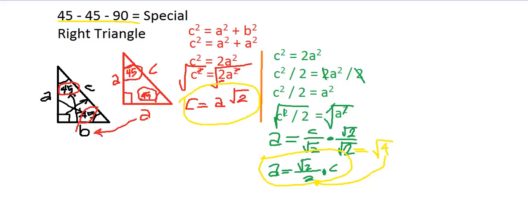So let's have an exercise here. Say for example, this is a 45, 45, 90 triangle. Say this is the right angle. Here this is 45, and here this is also 45.